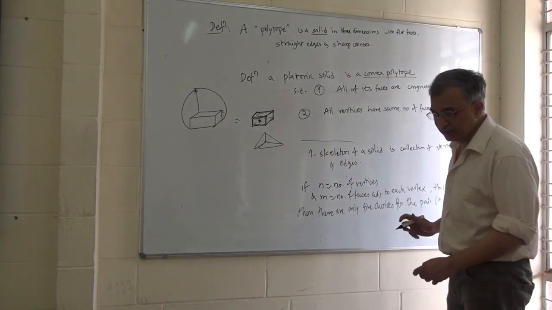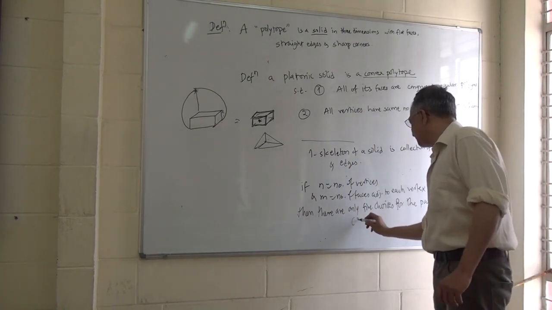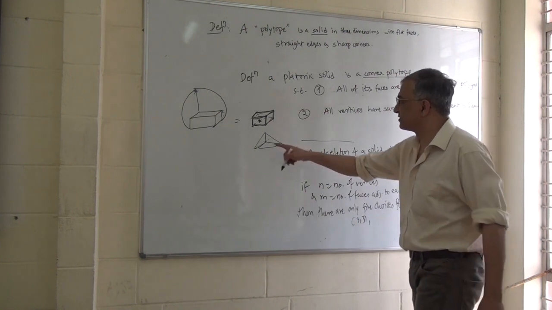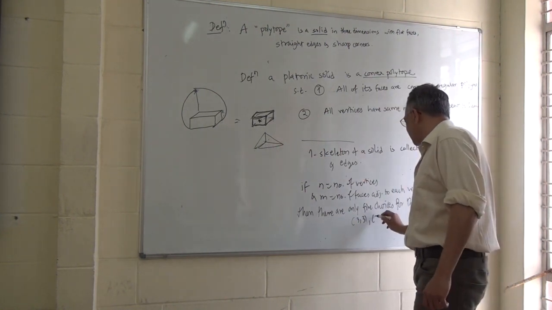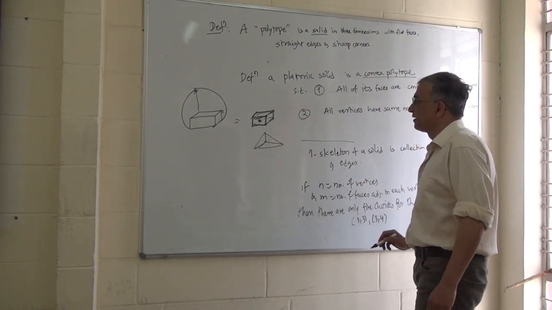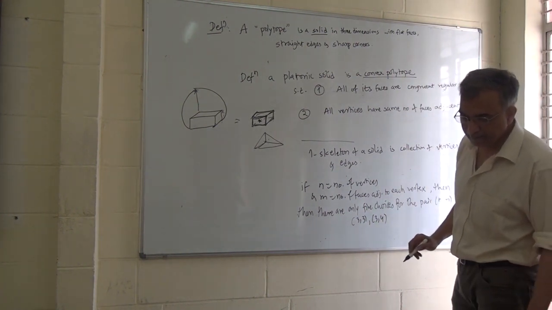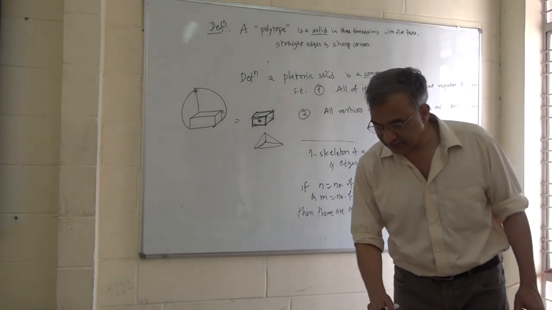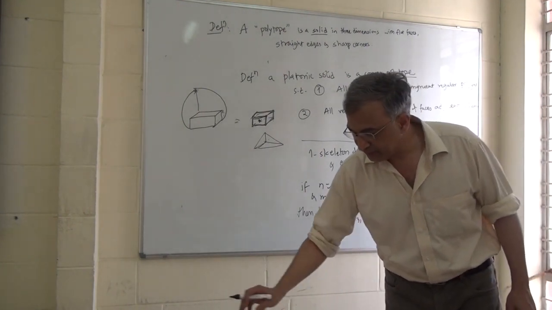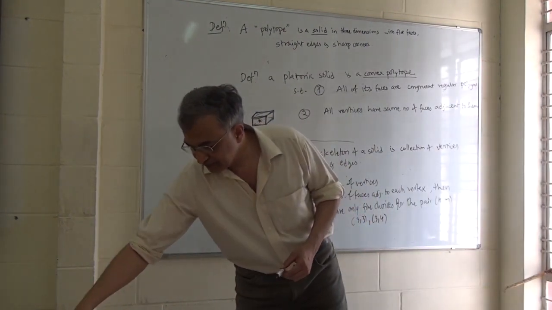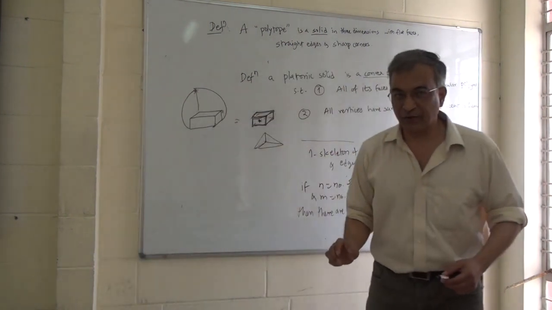And those are 3, 3, which is tetrahedron, 3, 4, what is n? N is something like this. I'll just take a couple of minutes extra.